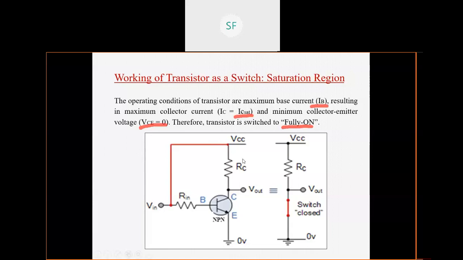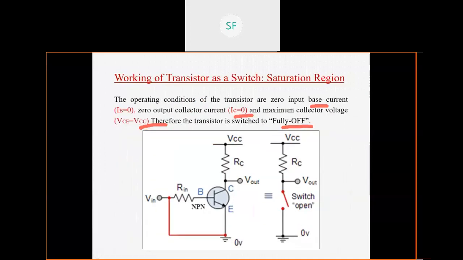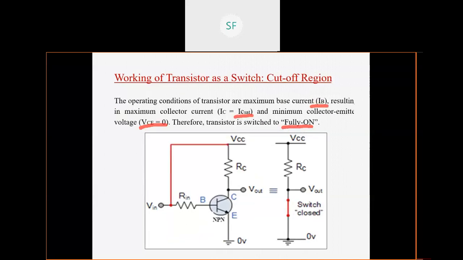Right? Just one second. And you can observe here. In cutoff region, IB 0, IC 0, VC was maximum and transistor was fully off. Whereas in saturation region, IB is maximum, IC is also maximum, VC is 0 and transistor is fully on.